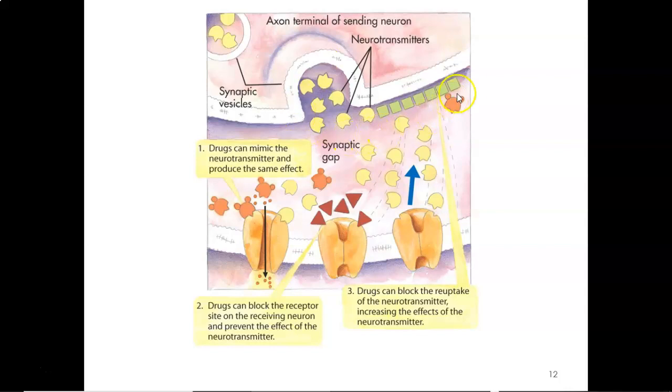If I have blocked reuptake, the axon terminal on my presynaptic neuron doesn't have to release serotonin in order for my postsynaptic neuron to receive neurotransmitters. As soon as these receptor sites open back up, serotonin can go into the receptor site.